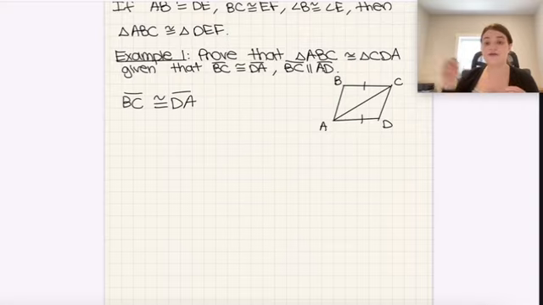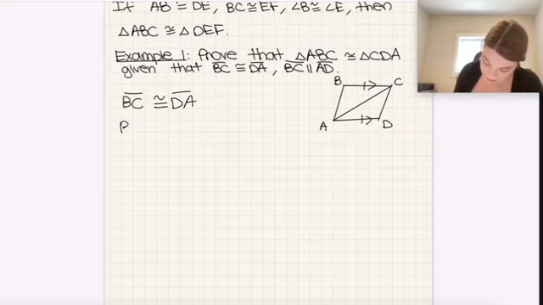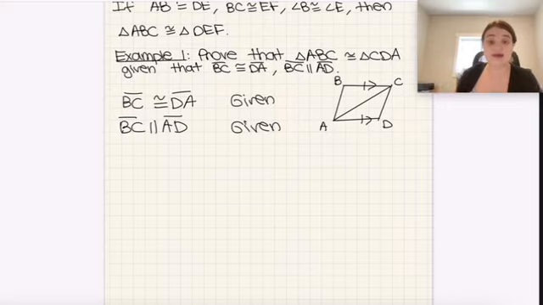So we already have one pair of sides given to us that we didn't have to do any work to get. The other thing was that BC and AD are parallel. And my reason for both is given, right? It's that both those things were given to us.